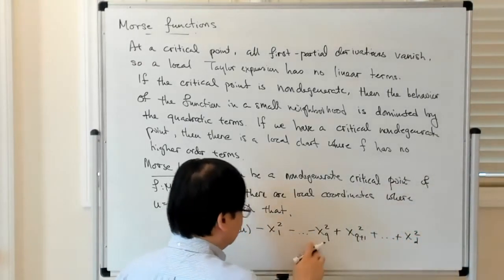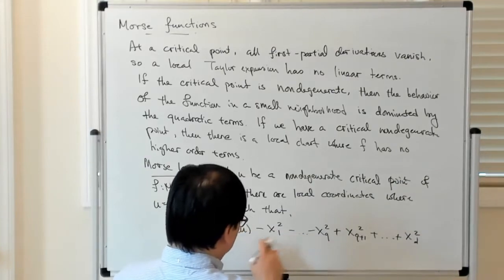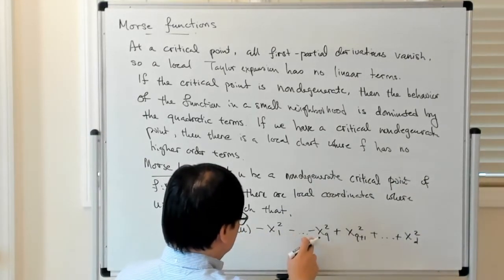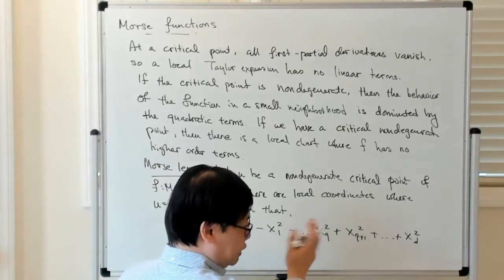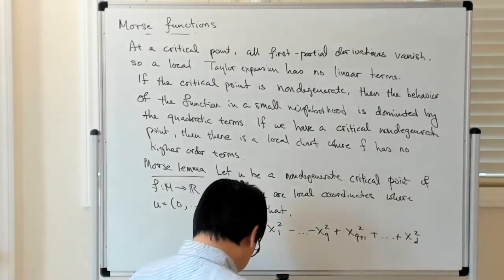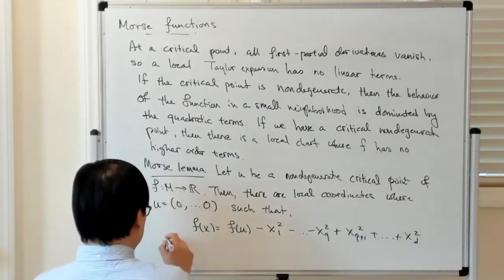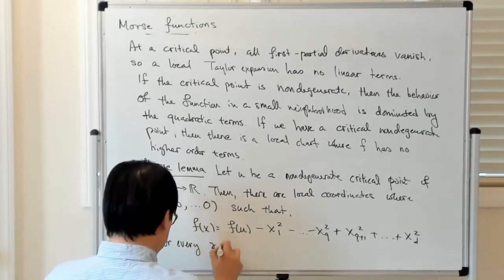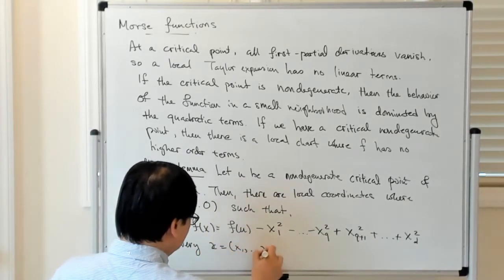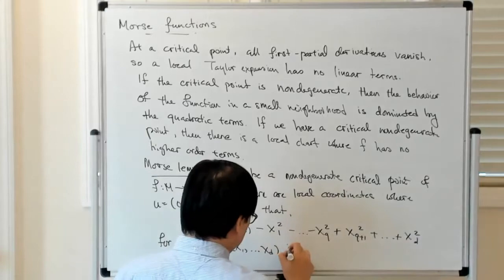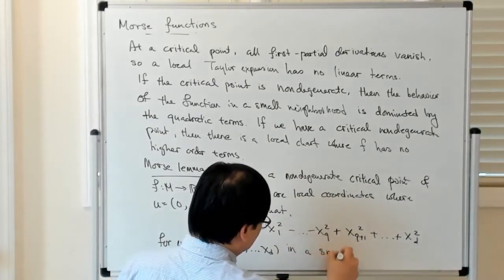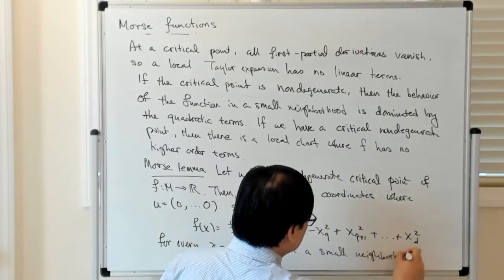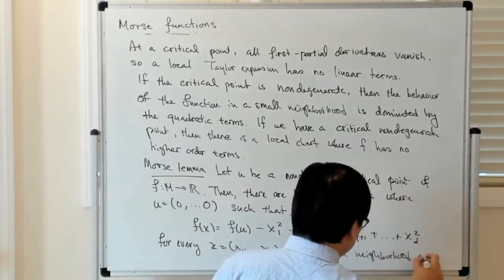Okay, so there are some directions where the second derivatives have negative sign, and some of them have positive sign, for every x, which I write as x1 to xd, in a small neighborhood of u.